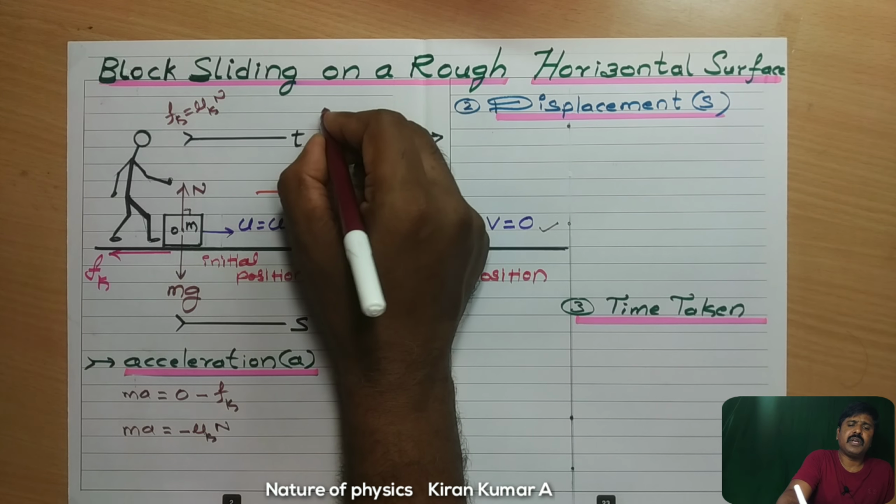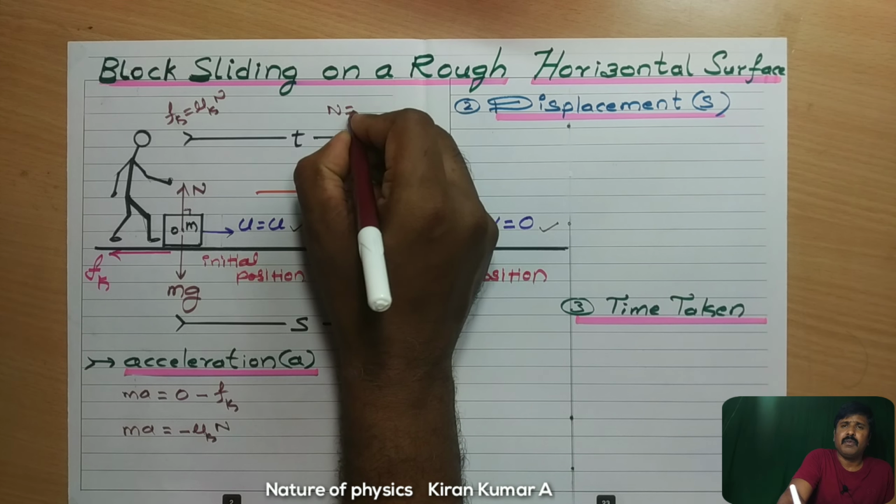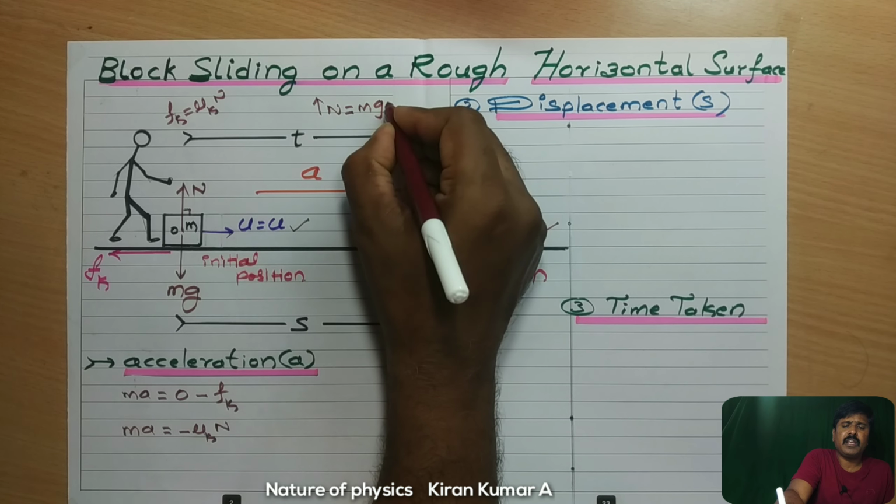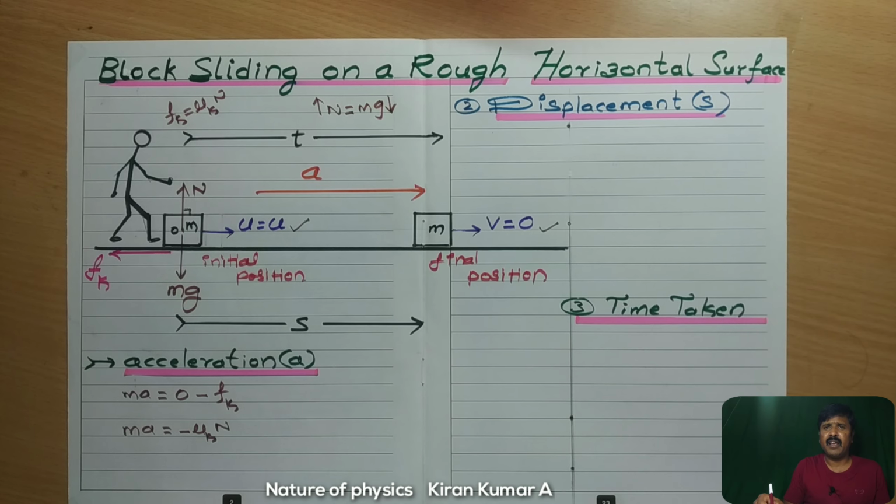In this situation the weight of the block is balanced by the normal reaction; both are equal in magnitude and opposite in direction. So I can write N is equal to mg in the above equation, so ma is equal to mu k into mg. Here I forgot to write the minus sign.